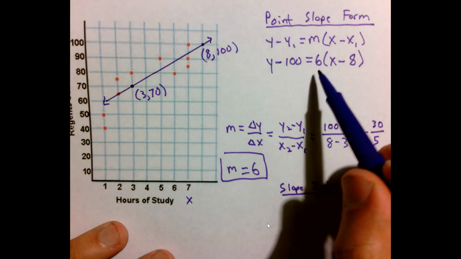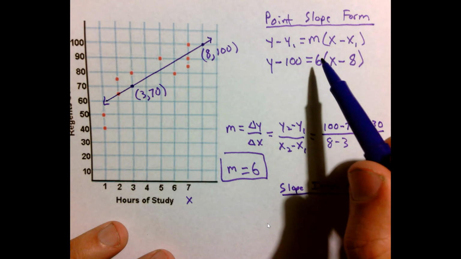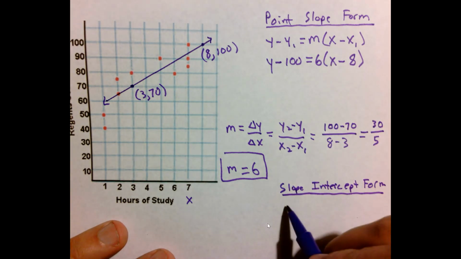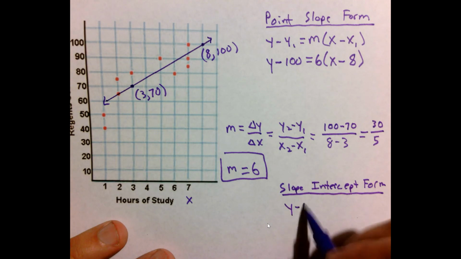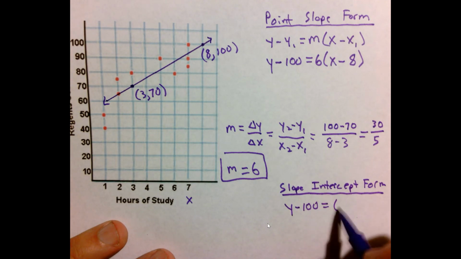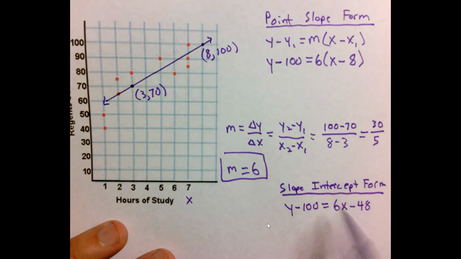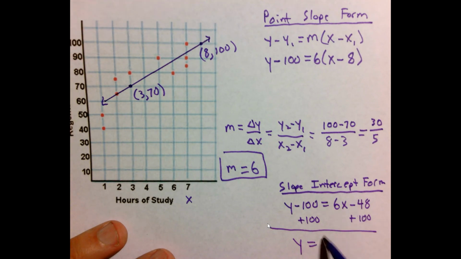So distributing my 6 here, I get y minus 100 equals 6x minus 48. 6 times x, 6x, 6 times 8, 48. And now adding 100 to both sides. y equals 6x. Negative 48 plus 100 is a positive 52.